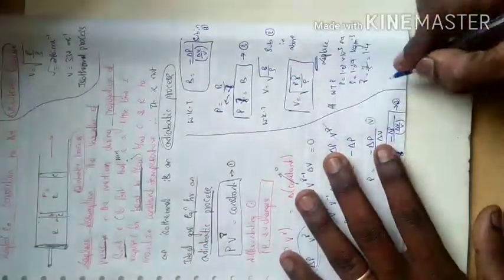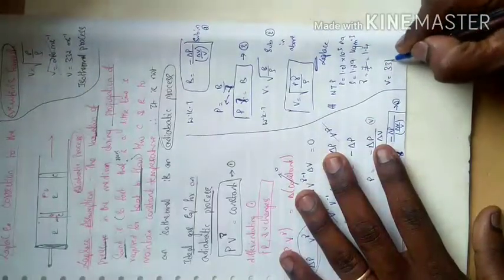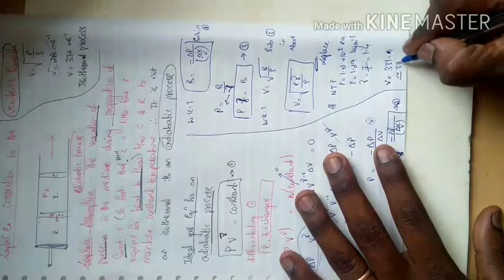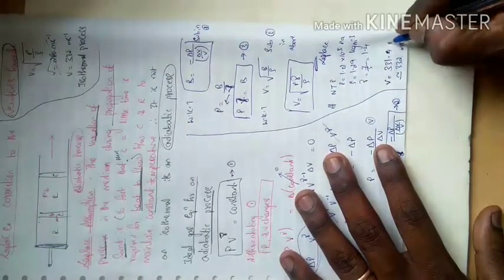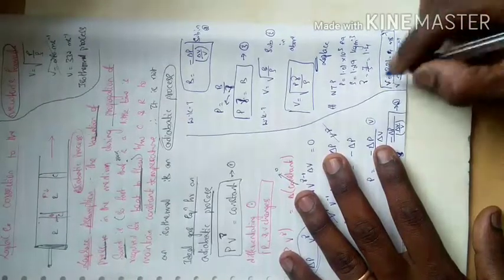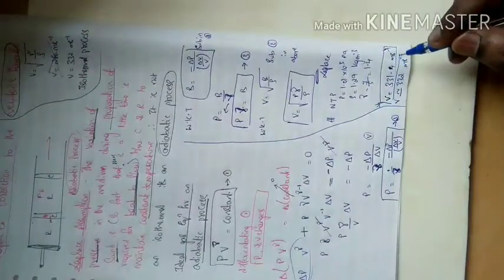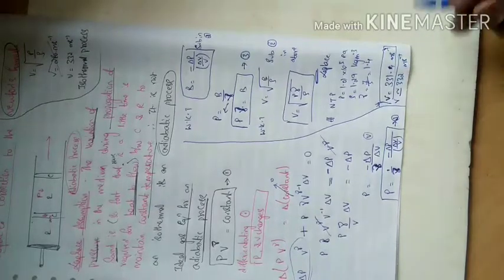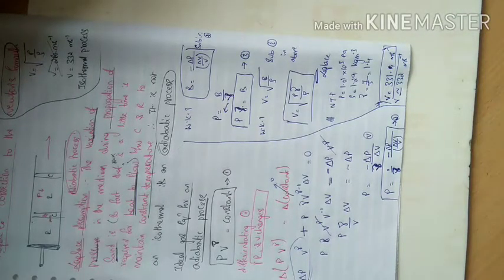Once you substitute all these values in the above equation, you will get 331.4, that is approximately equal to 332 meter per second. This is the value which was got by Laplace. The experimental value is also 332.